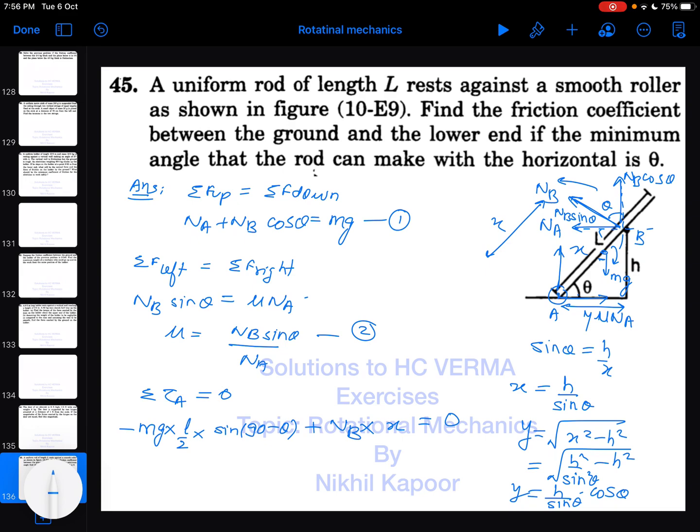Now let's solve this. NB into the value of x, which is h upon sin theta, comes out to be mgL upon 2 sin 90 minus theta, which is cos theta. So NB comes out to be mgL upon 2h in bracket sin theta cos theta, that is the value of NB. If we substitute the value of NB in equation 1, we can get the value of NA also.